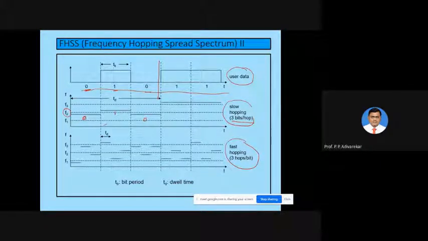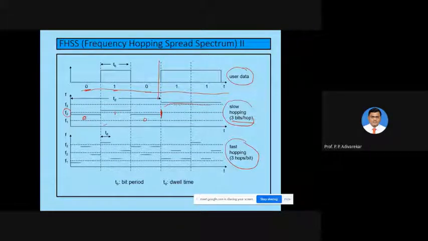So after these 3 bits per hop, they have changed their pattern from F2 to F3.